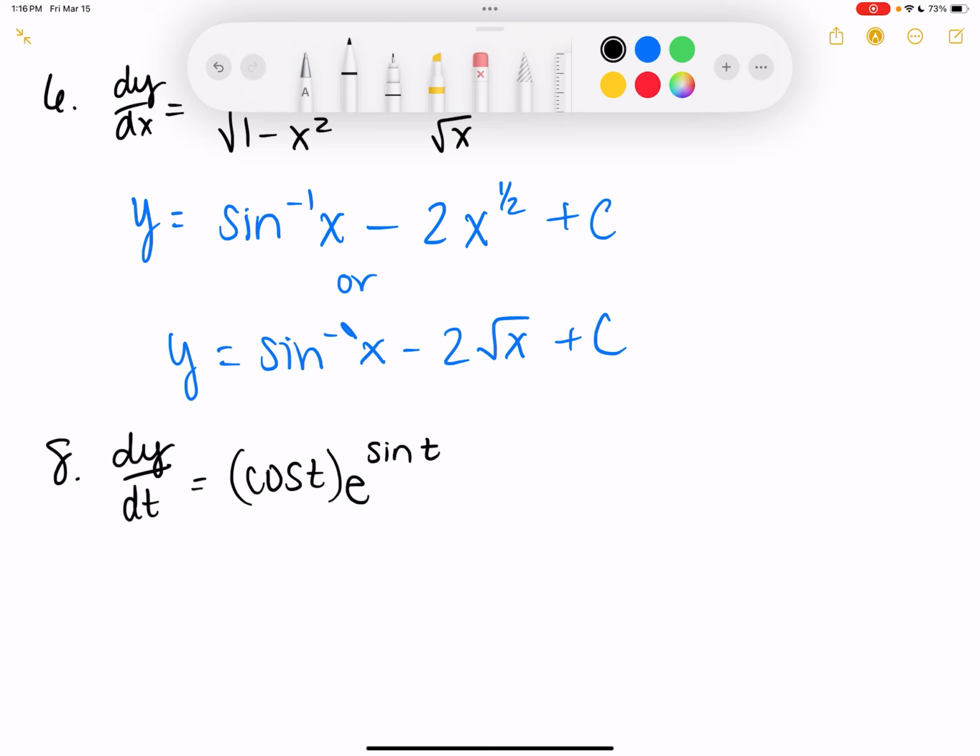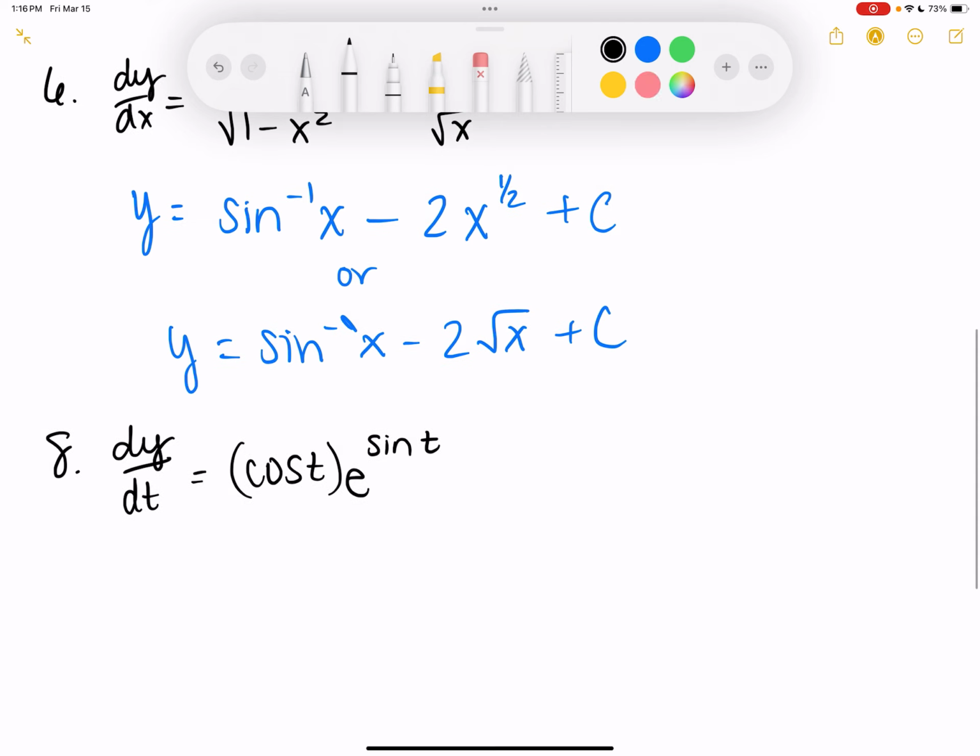Well, disregard this. What is this? Let's do this. I know the antiderivative. Let u equal sine of t. So du equals what? What's the derivative of this?